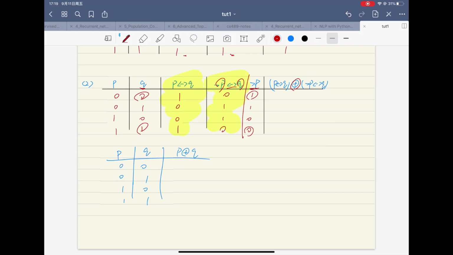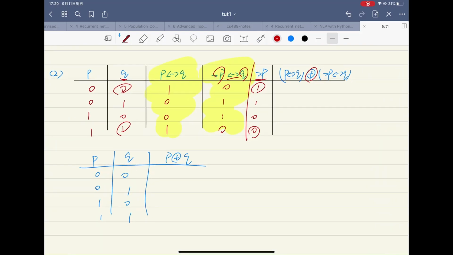Here we have false, false, true, true, then P XOR Q will be false.